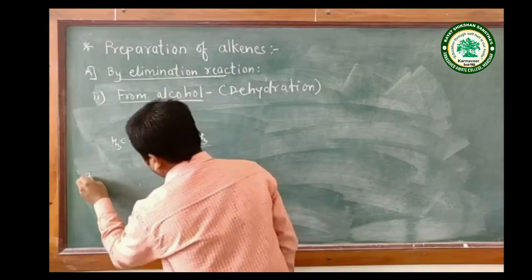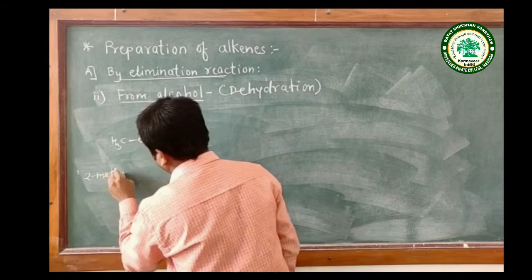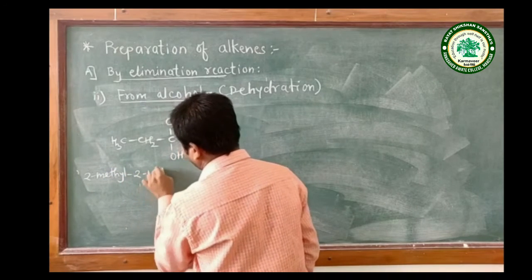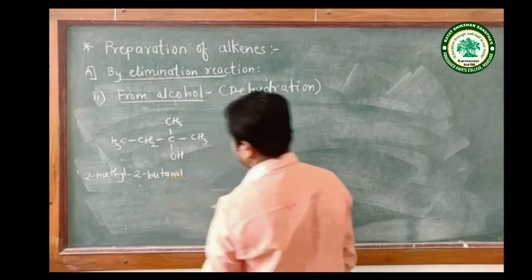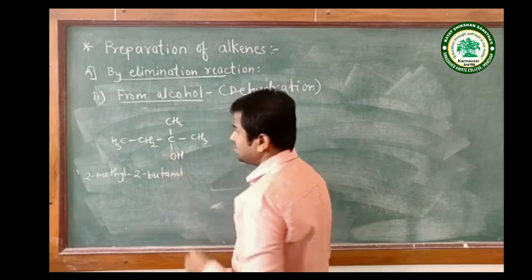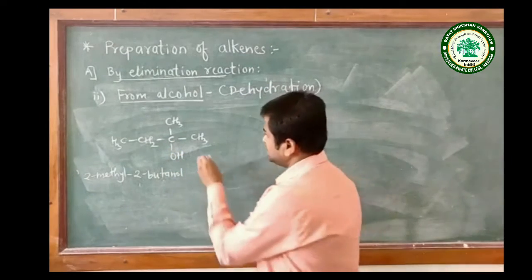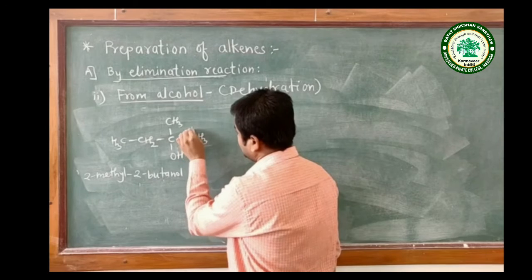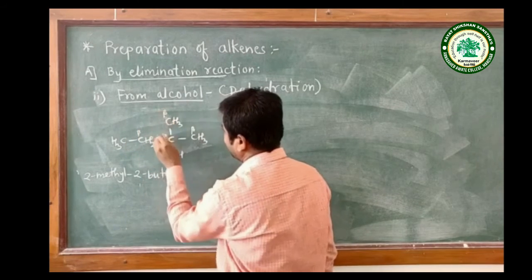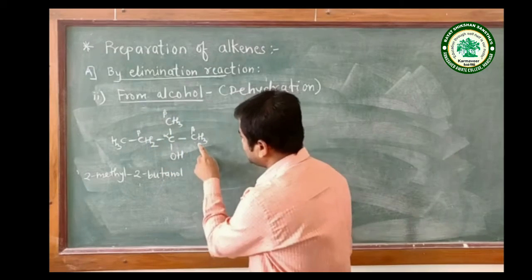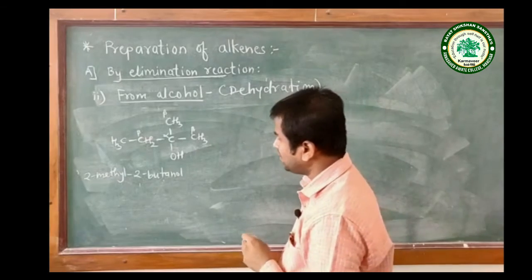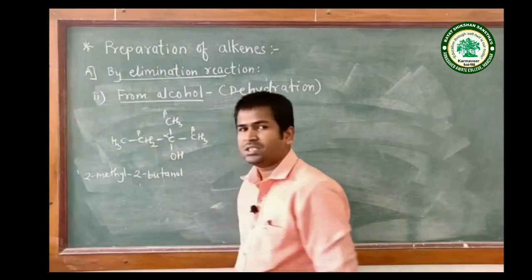Okay, so this is 2-methylbutanol, and in this molecule there are two types of beta hydrogens. See, this is a beta carbon, this is a beta carbon, and this is also a beta carbon. But these two beta carbons are similar in nature, while this beta carbon is different in nature.